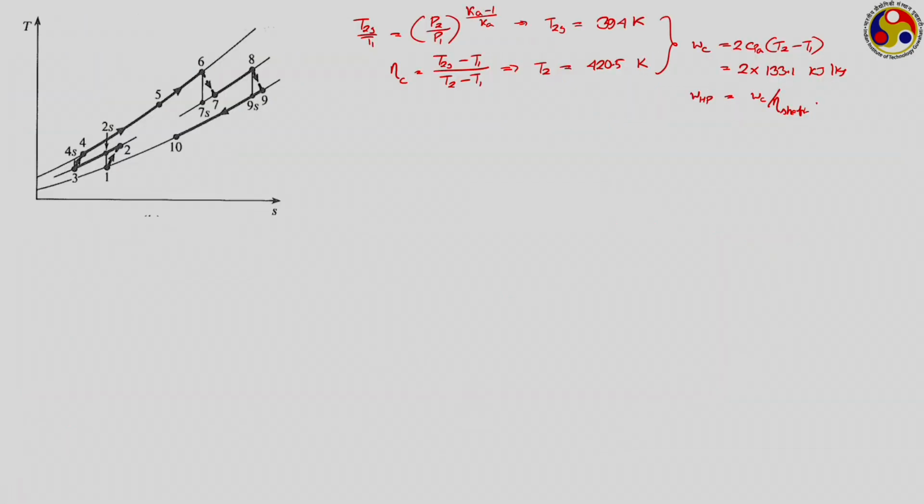So, this should be equal to 2 into 133.8 by 0.98, a slight increase from 266, which comes to approximately 272 kilojoule per kg. This is the work output from the HP turbine. 2% of that we are losing because of the frictional behavior of the shaft.